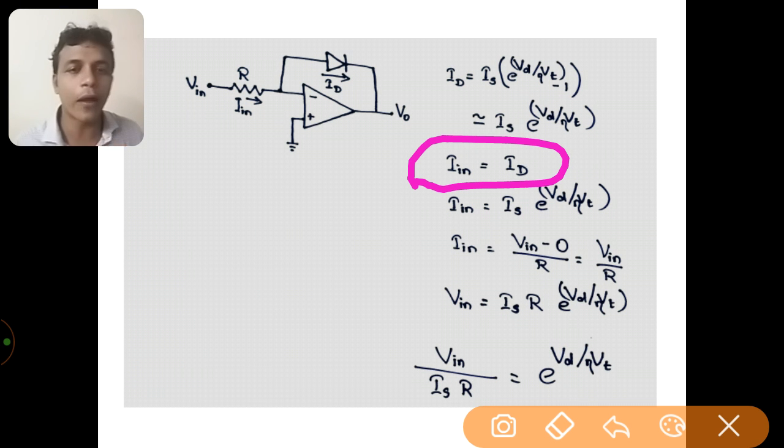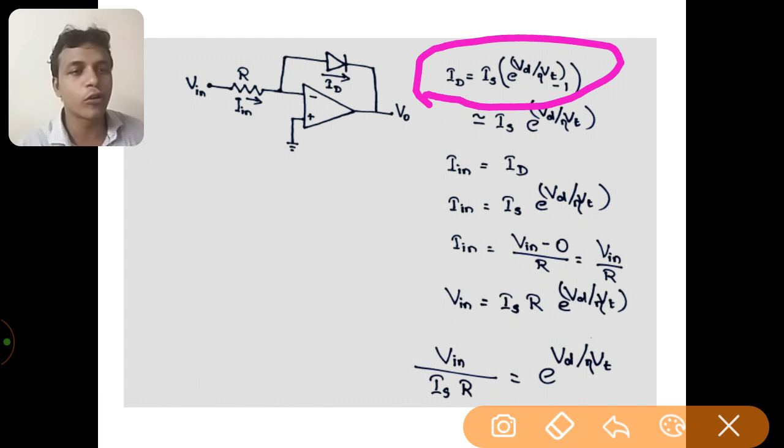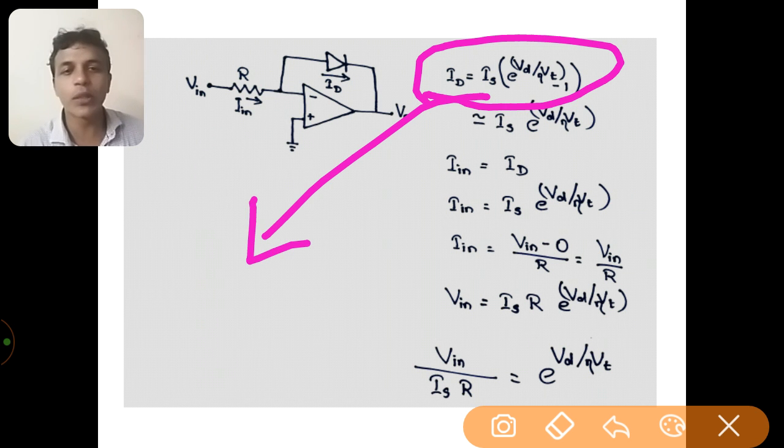Now we have to derive the equation for diode current. The current passing through the diode can be given as ID equal to Is into exponent of Vd by eta Vt, minus 1. Here Is is the saturation current, otherwise called the reverse saturation current.